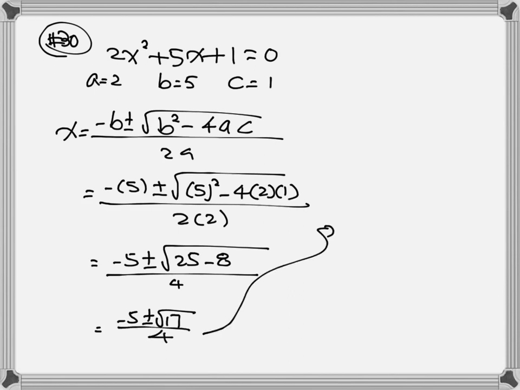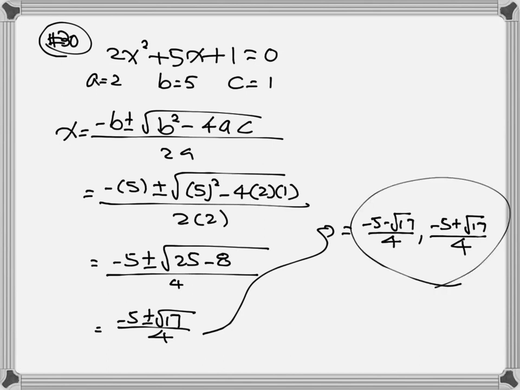When you write down your answer, it will be negative 5 minus the square root of 17 over 4, and negative 5 plus the square root of 17 over 4. Let me write this clearly so you won't mistake it for a 7. It will be a 17 inside, 17. So that's your answer.